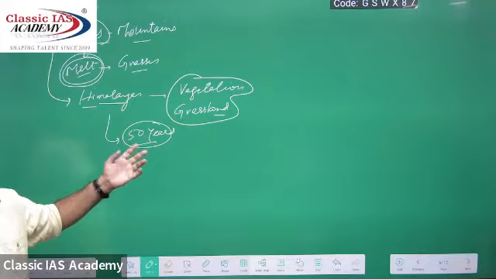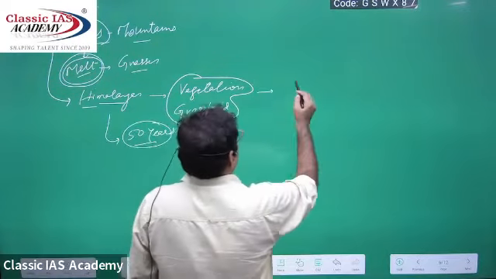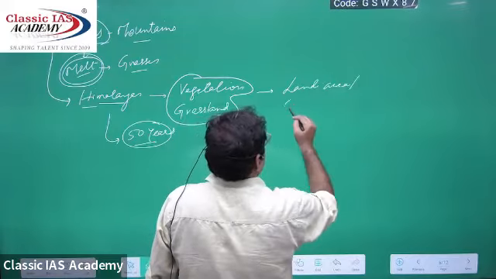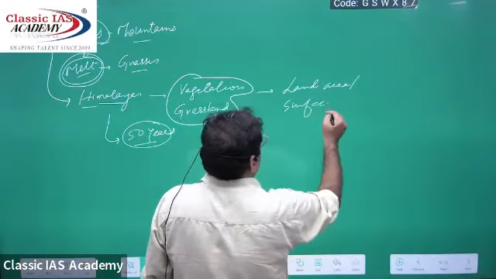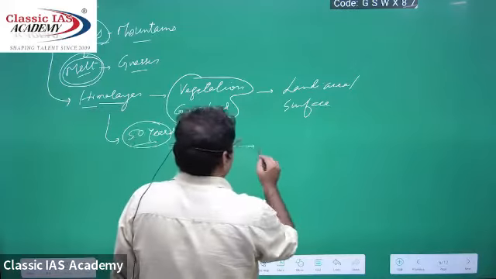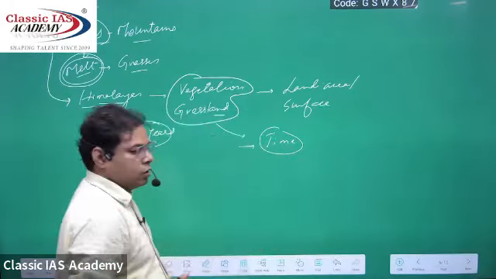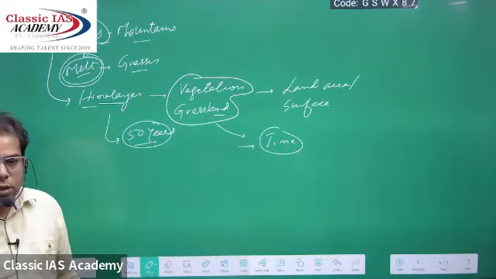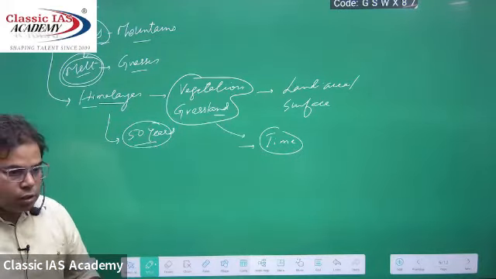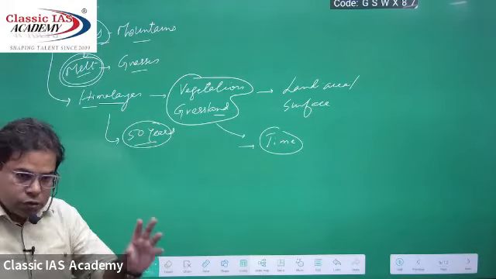Means what? The surface is the same, or the land area is the same, but with time, our approach of studies has changed. Over a space, we are studying different geographical conditions over the same land.